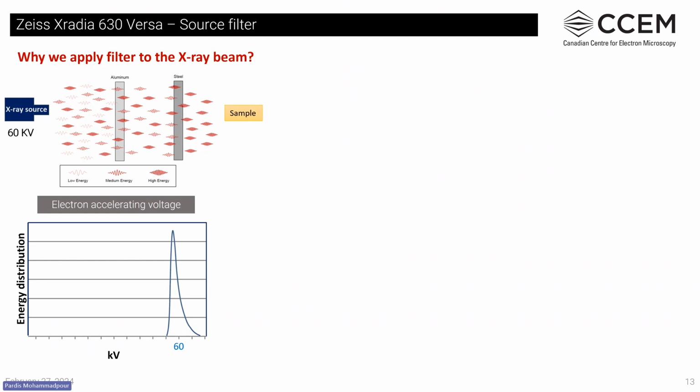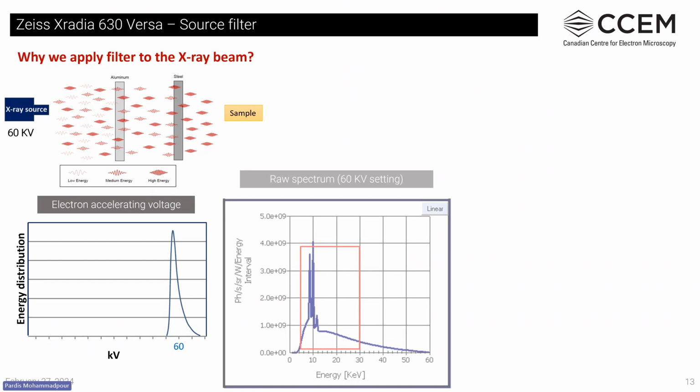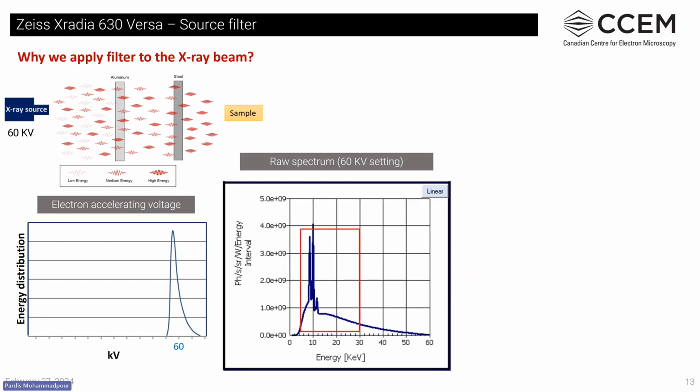For example, when the electron accelerating voltage is 60 kV, the energy spectrum of X-ray radiation is continuous, as discussed in the previous slide, ranging from 0 to 60 keV. The red box indicates the low energy photons needed to obtain contrast in low Z materials.